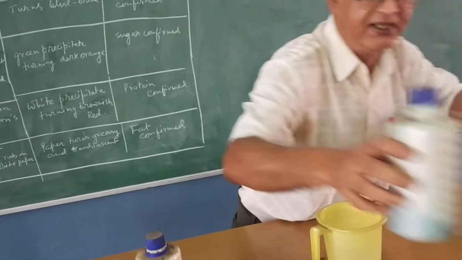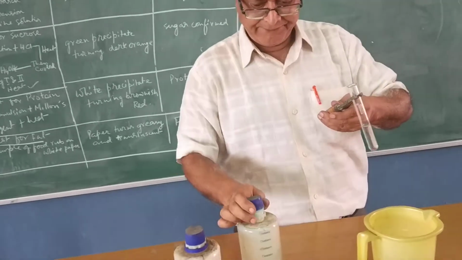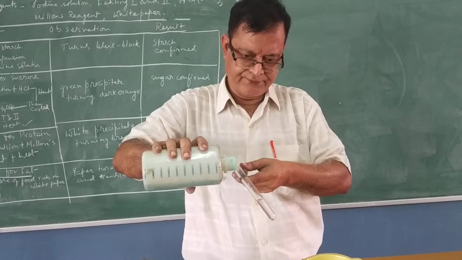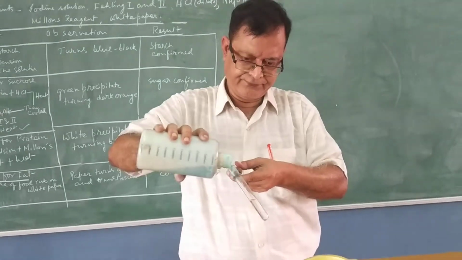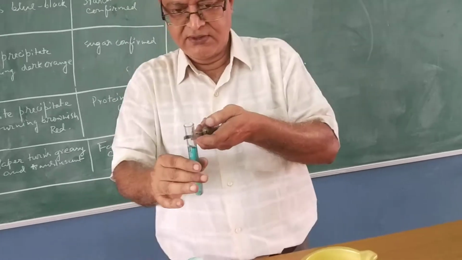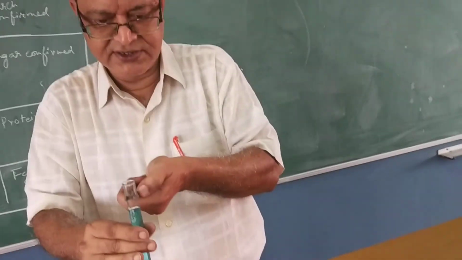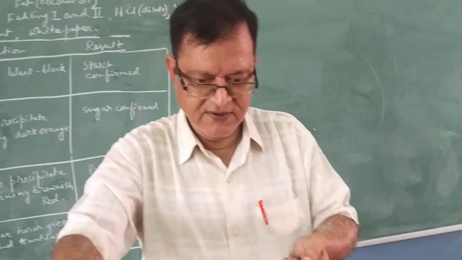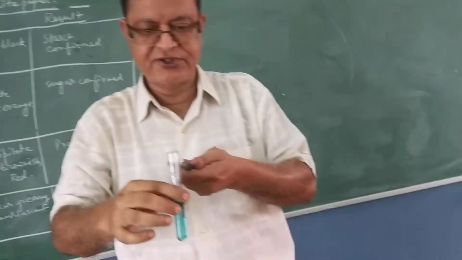This is Fehling solution number 1. I should reduce the amount a little bit. It has become too much. Okay, Fehling solution number 1 added.